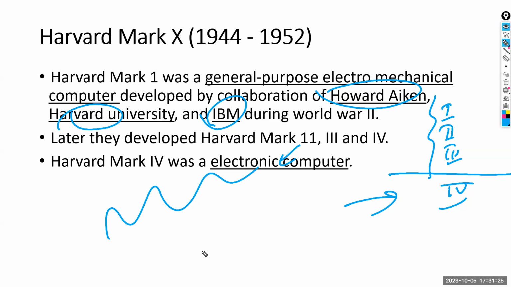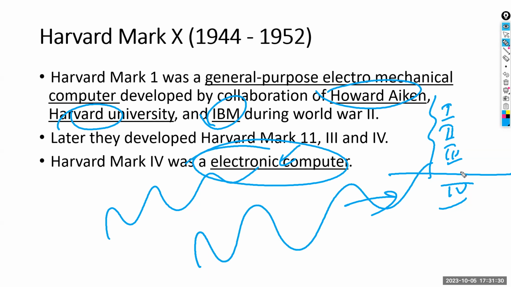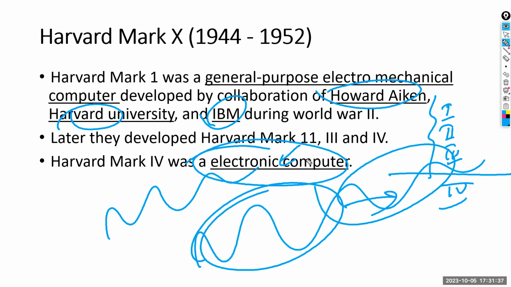So that means when it comes to Harvard Mark 4, it uses signals, not just to power, but these signals carry data. The signal has a meaning. That is what electronic is all about. For example, if you take your radio, what you get is a signal, and it has a meaning, so it can be converted to sound. TV: what you get is a signal, but it can be converted to pictures.